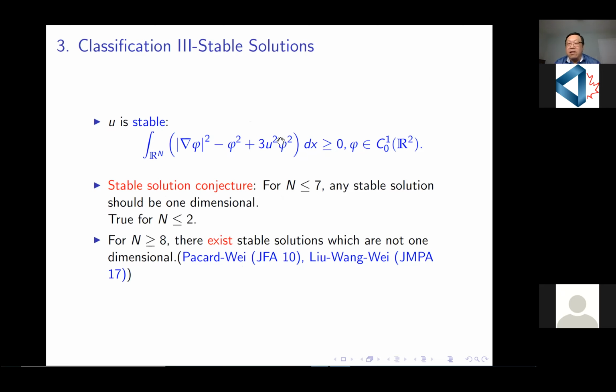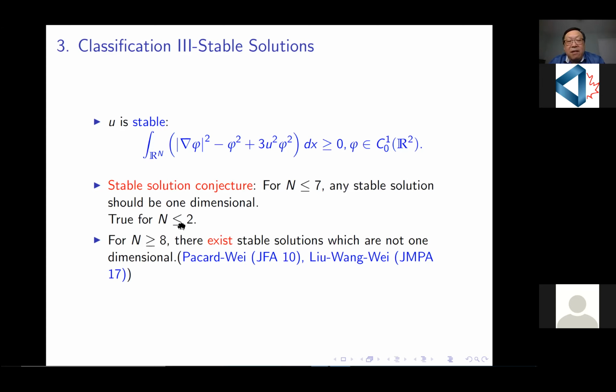It's a local minimizer, which may not be a global minimizer. And so naturally we expect that for n less than 7, all stable solutions should be one-dimensional. This is a conjecture, but it is only proven in dimension 2.